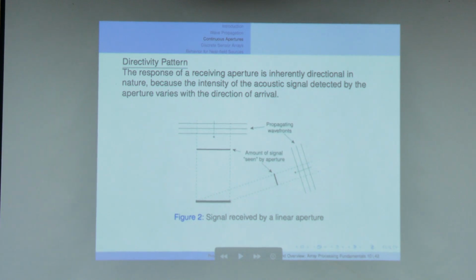For now we talk about a continuous aperture. Same with an antenna. A continuous aperture has some directionality. What does directionality mean?